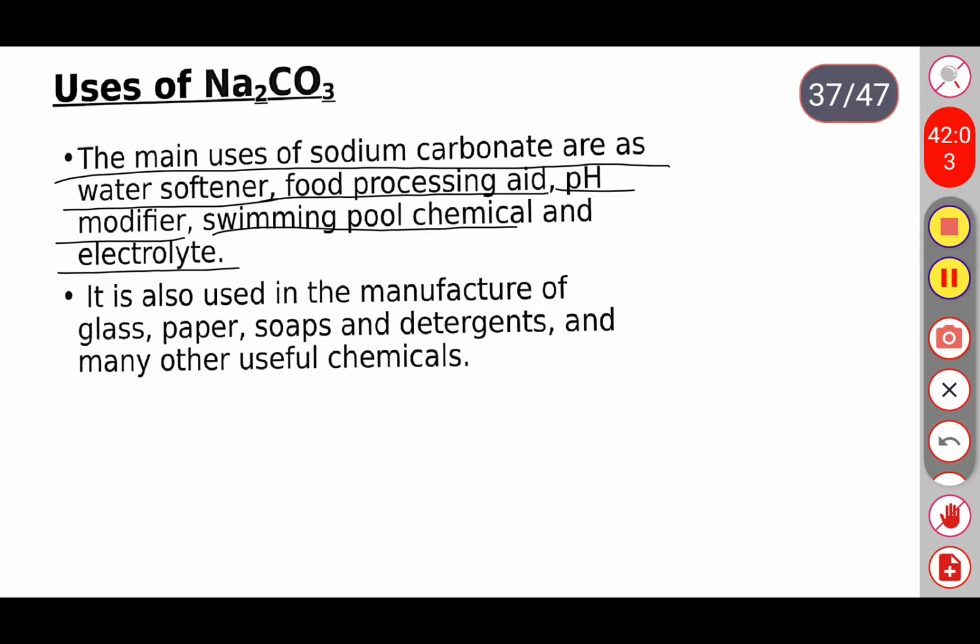It is also used in the manufacture of glass, paper, soaps and detergents, and many other useful chemicals.